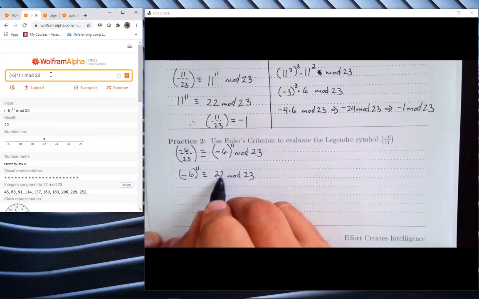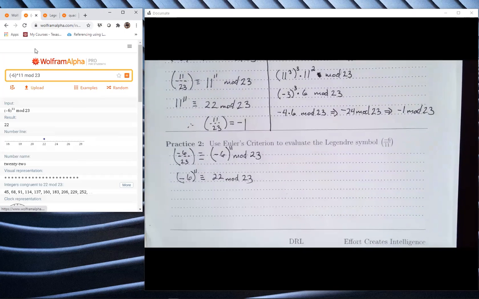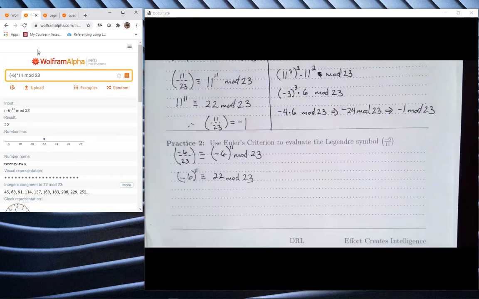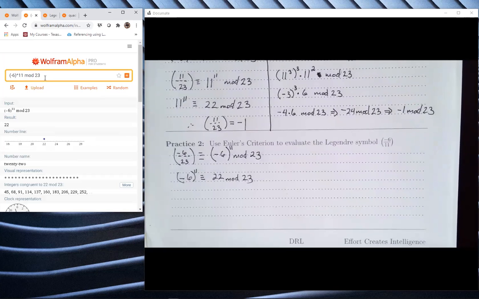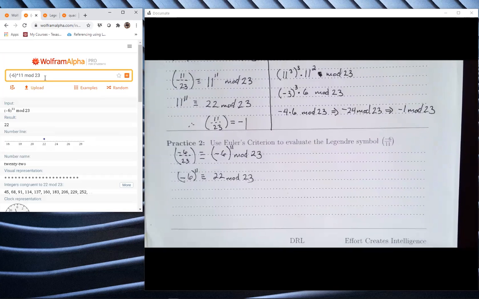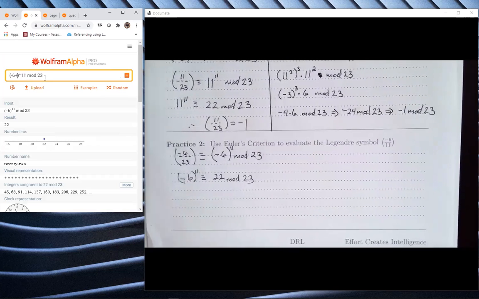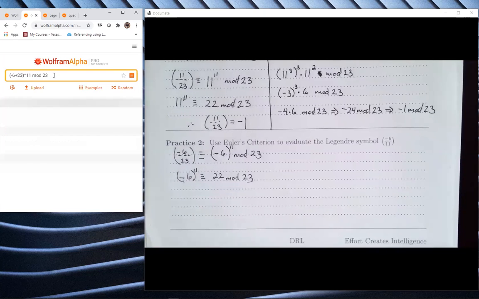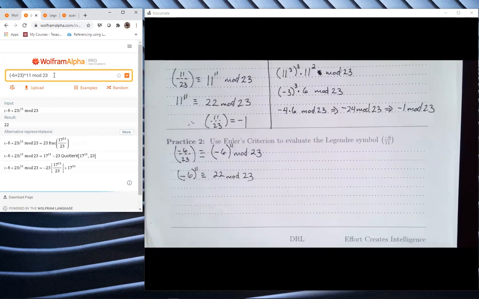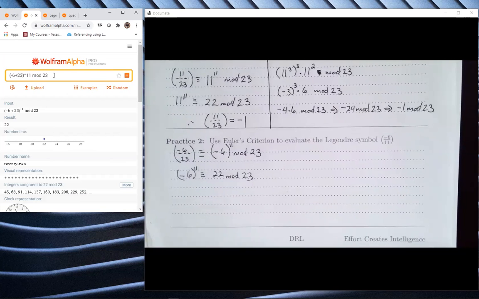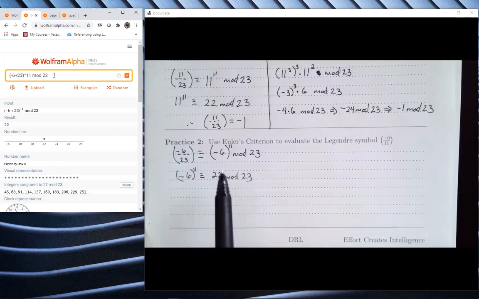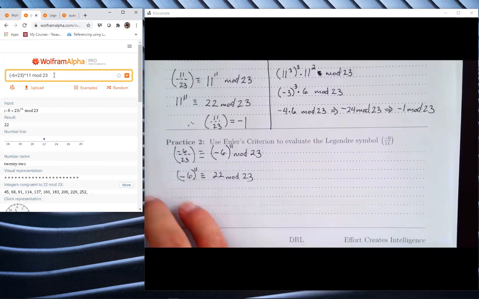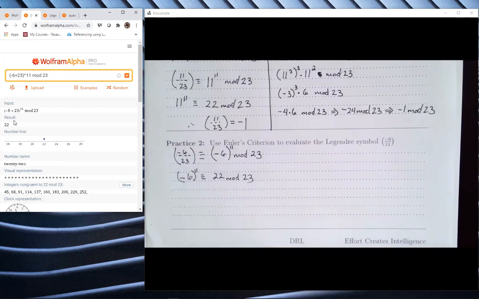Now check this out. For -6 to the 11th, we know that -6 is equivalent to -6 plus 23, and if we go through and do that work, we once again get 22 mod 23.